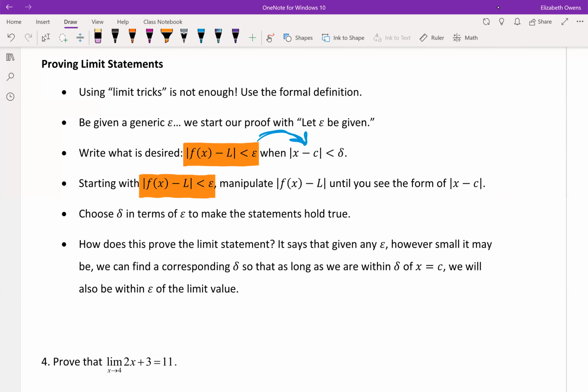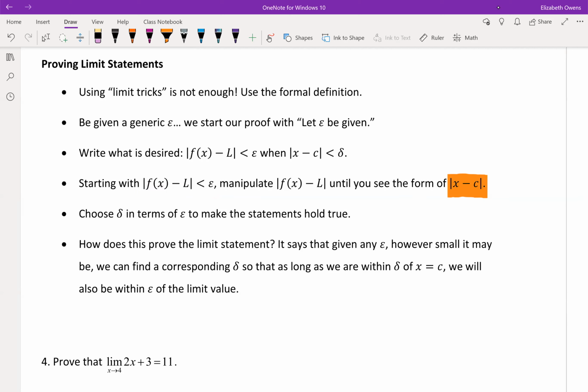Okay, we're going to start with this epsilon statement, and then we're going to manipulate that inequality, okay, manipulate the absolute value statement until you eventually see the form of absolute value x minus c. Okay, we'll do some examples here. You'll see how this is going to work out.